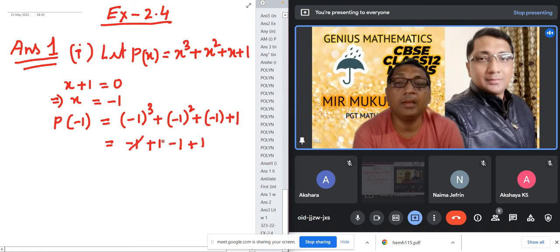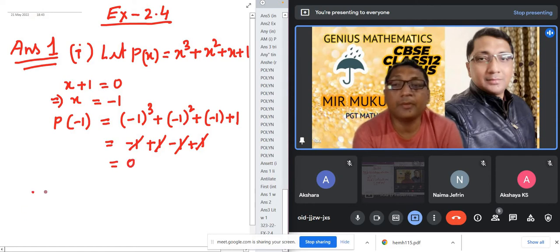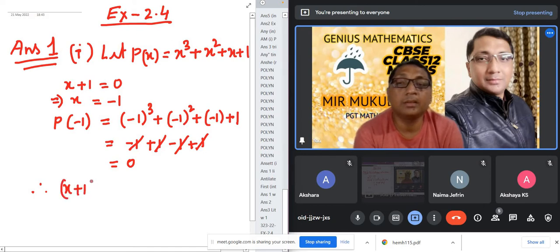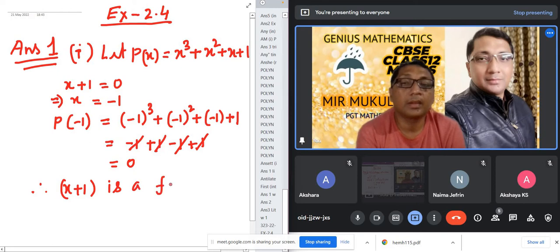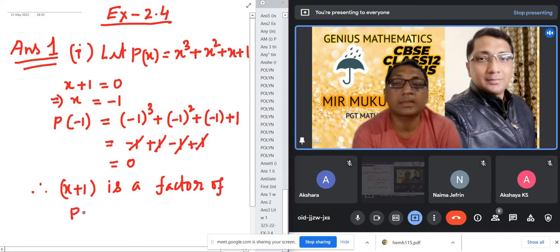So clearly plus 1 and minus 1 cancel. Minus 1 and plus 1 cancel. So we got 0. Therefore you can say that x plus 1 is a factor of p(x). Right.